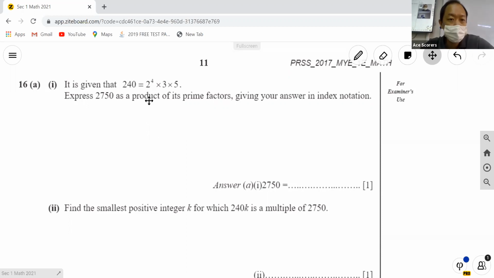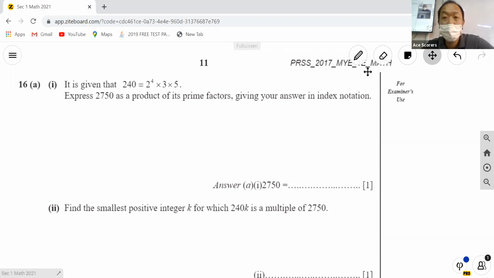So given that 210 equals 2 times 3 times 5 times 7. Express 2750. What's it going to do with this? What do you get for this? 2750.